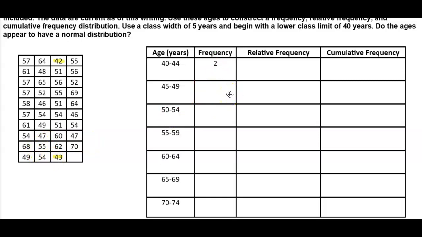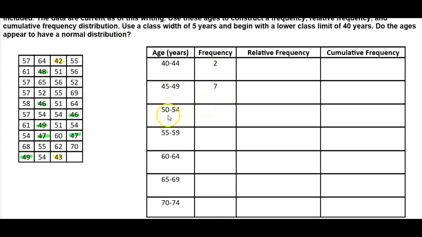Okay. Now, if we want to find out what are all the values that are in between 45 and 49, we have 1, 2, 3, 4, 5, 6, and 7. So we have 7 for our frequency for the ages between 45 and 49.